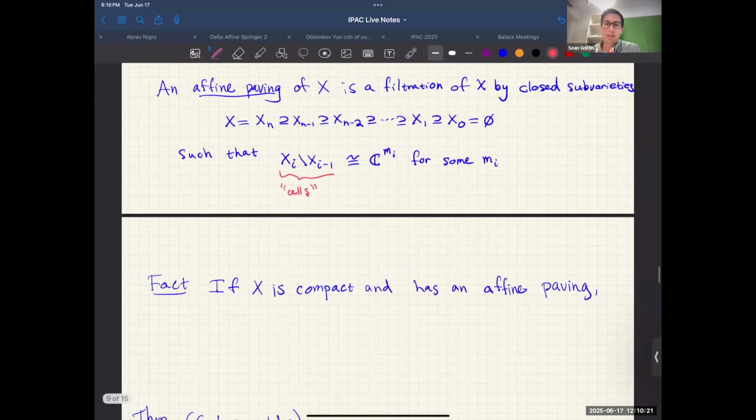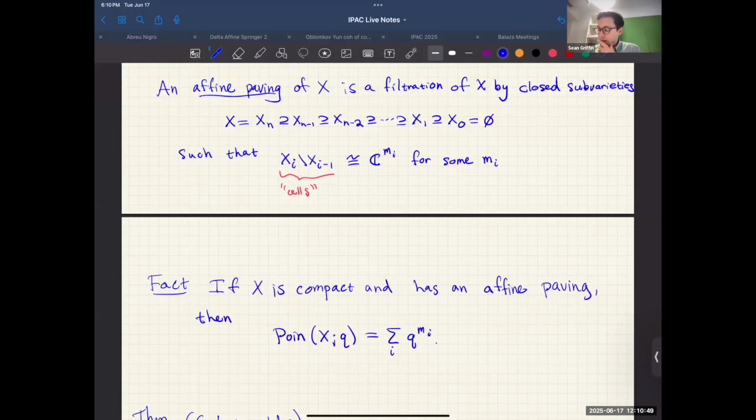And so why do we care about affine pavings? If your variety is compact and has some affine paving, then you can use it to compute the Poincare polynomial. It's just the generating function over the cell dimensions.